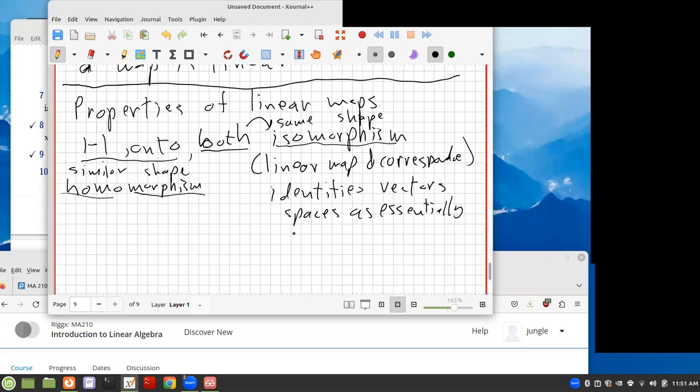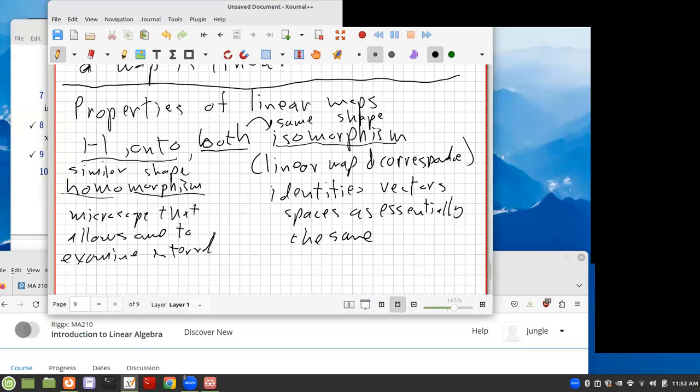A map that's not one-to-one or onto is more like a microscope that allows one to examine internal structure of a vector space.